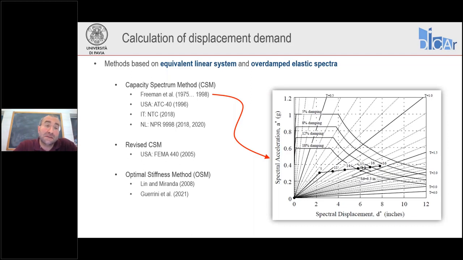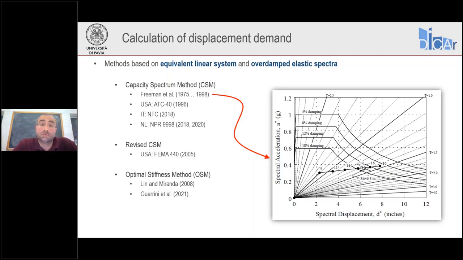It was developed in the 70s by Freeman in the United States. It was incorporated in the United States guidelines of the 90s, and then it disappeared there. It's still proposed as an alternative approach in Italy and as a preferred approach in the Netherlands. Then you can find also a revised capacity spectrum method in American guidelines.